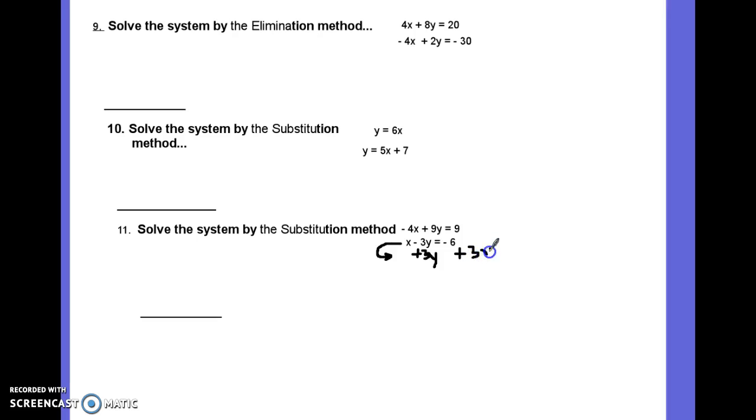That way, we get rid of the 3y because negative 3y plus 3y is equal to 0. So the only thing that survives on the left will be the x. So I have x is equal to 3y minus 6. That's what we want.